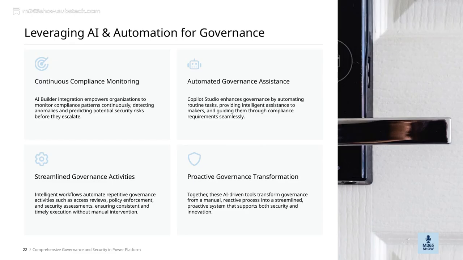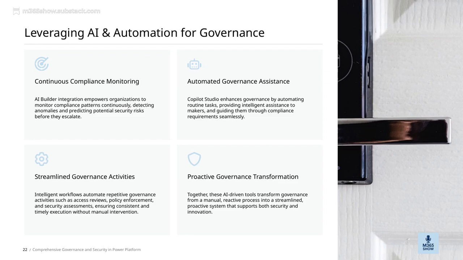Intelligent workflows come into play by automating repetitive activities like access reviews, policy enforcement, and security assessments. This means these tasks are executed consistently and promptly, all without the need for manual intervention. It helps ensure that governance is ongoing and responsive, rather than lagging behind.